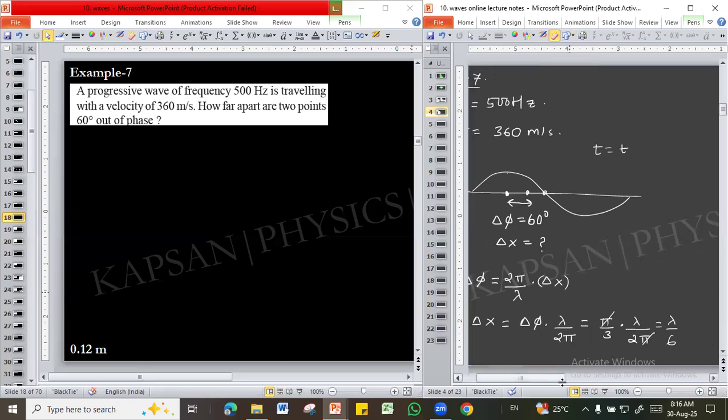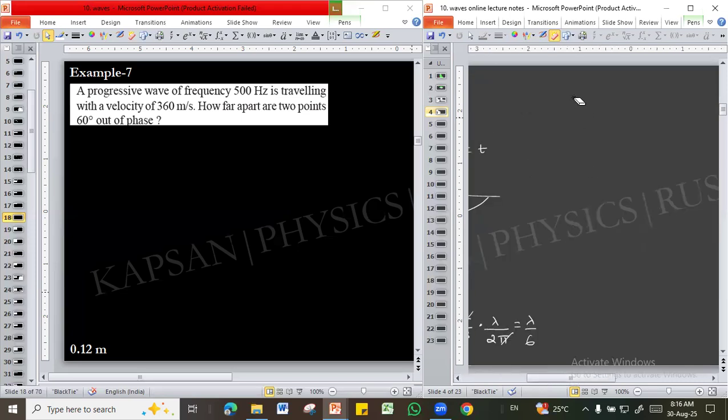You tell me, how will you figure out lambda? Velocity upon frequency. Now you know v is equal to f lambda. Lambda is equal to v upon f. So the separation between the two particles having phase difference of 60 degree will be lambda by 6.